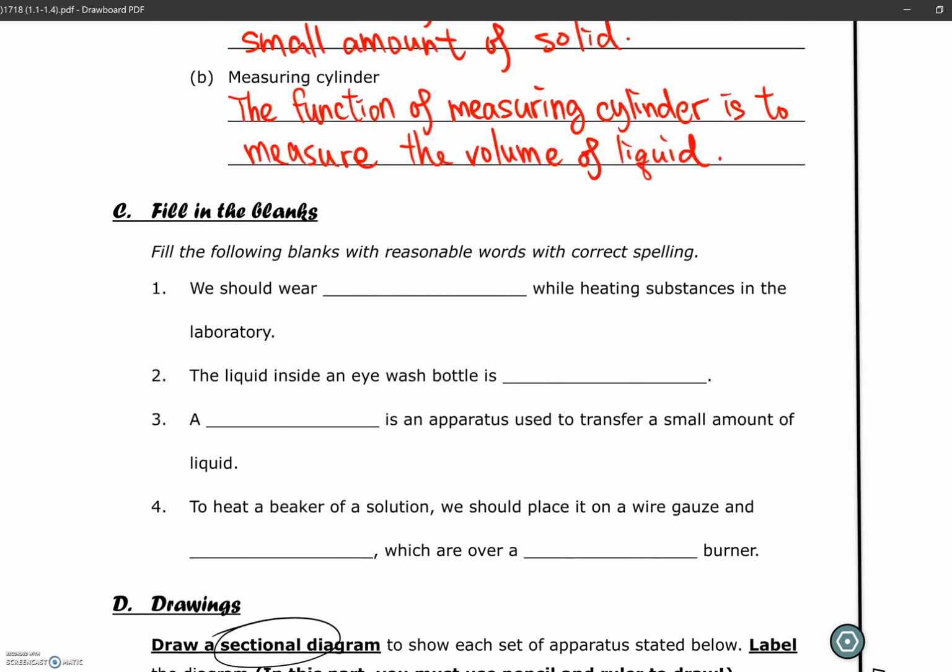Okay, so fill in the blanks. We should wear safety goggles. The liquid inside an eye wash bottle is distilled water.